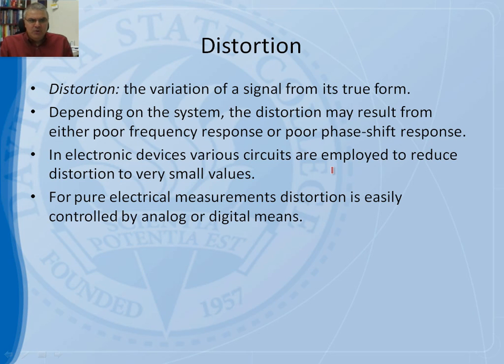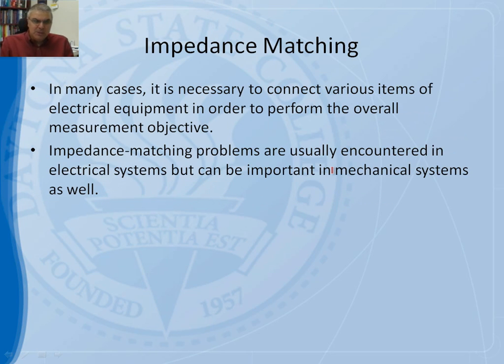These apply more to dynamic systems. Depending on what kind of signal and device we have, in electronic devices we use various circuits to reduce the distortion to a very small value. Usually there are some distortions, but they could be so small that they are negligible. For pure electrical measurements, distortion is easily controlled by either analog or digital means.